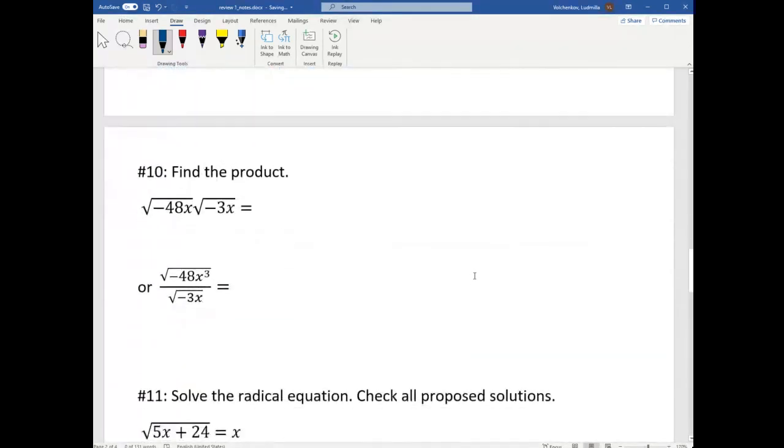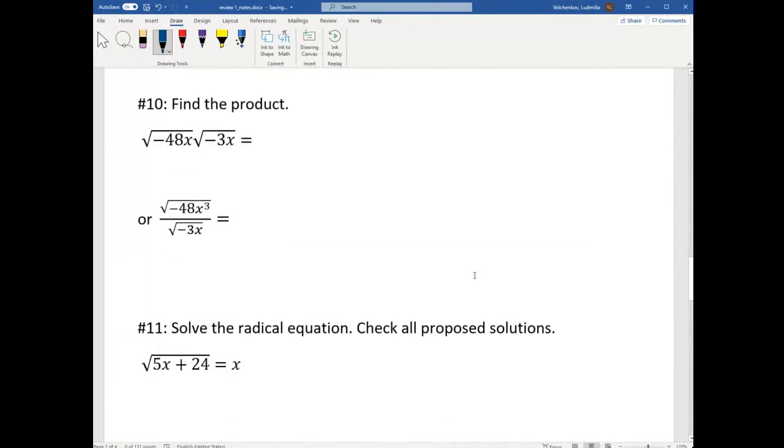Okay, the next question. Find the product or simplify a fraction. Here we have complex numbers. Before you simplify, you must write this in terms of i.